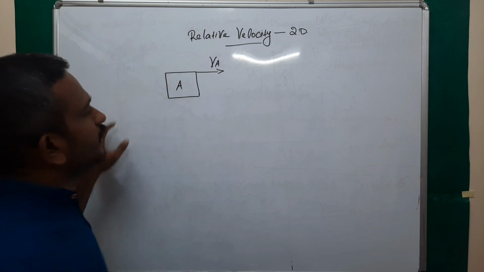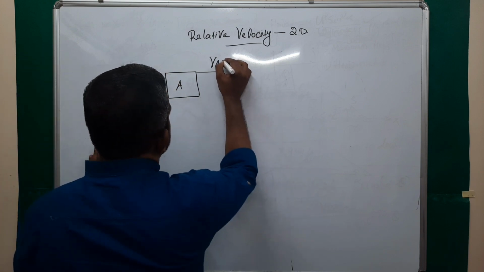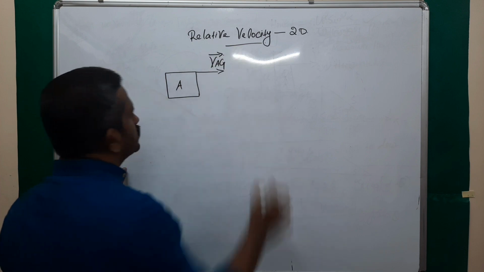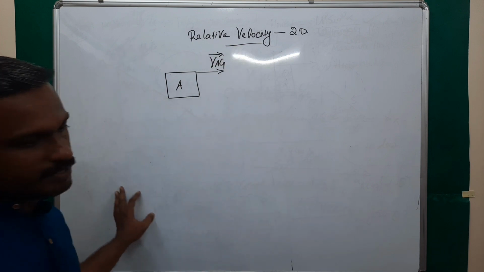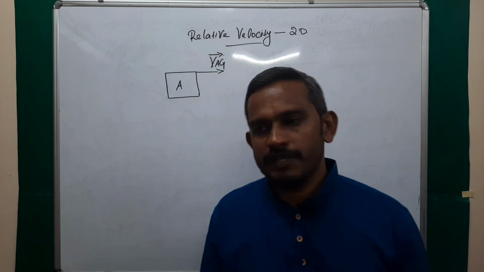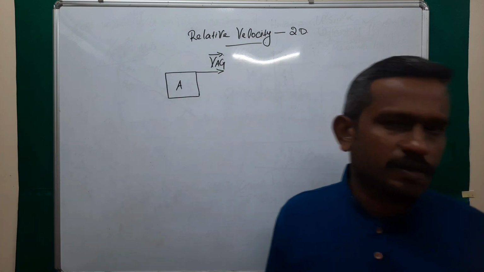The correct way of writing this is velocity VA with respect to ground. Ground is the frame of reference. That means the observer is at the ground.